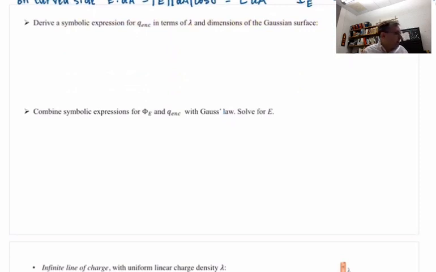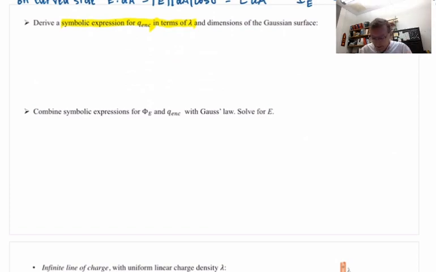Now there's more to Gauss's law than just the electric flux. There's also the enclosed charge. We need to derive a symbolic expression for the enclosed charge inside the Gaussian surface. And it's got to be in terms of the charge per unit length lambda of this line of charge because that's the quantity we're given.